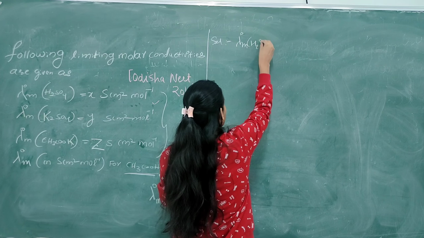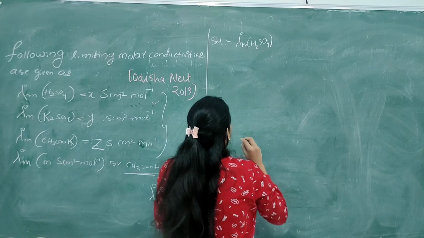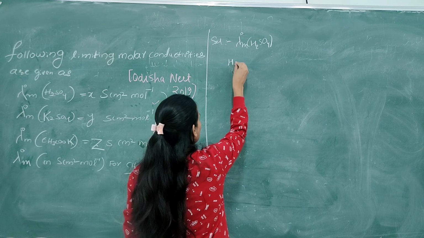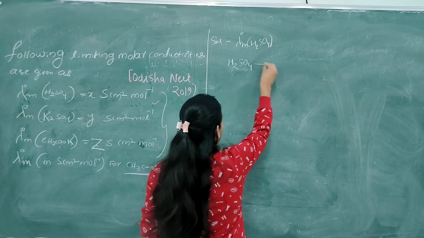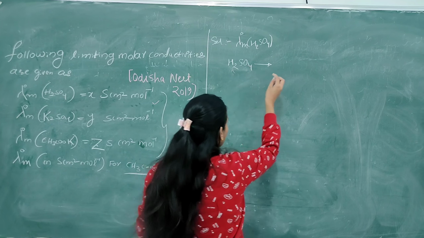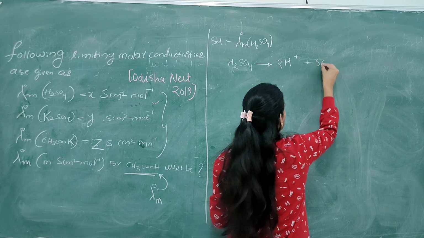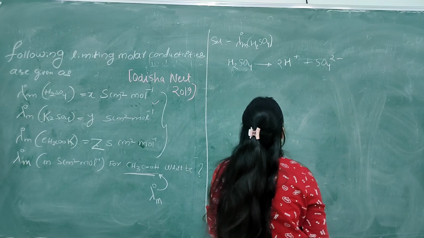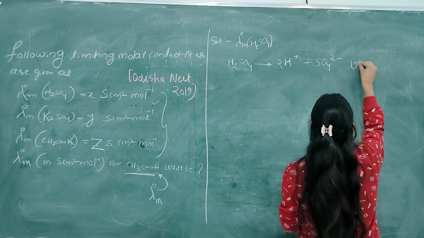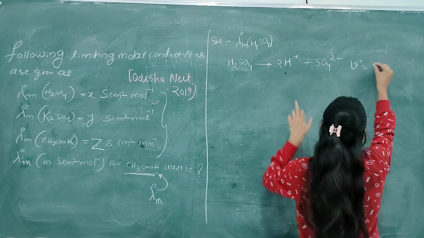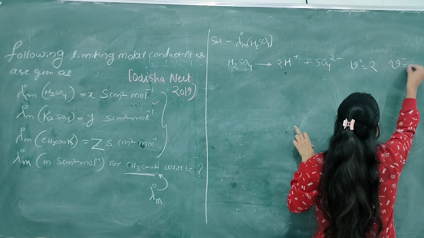for H2SO4. First think how H2SO4 will dissociate. It is a strong electrolyte, directly giving 2H positive, SO4 2 negative. 2 positive will be 2 cations, anion number 1.